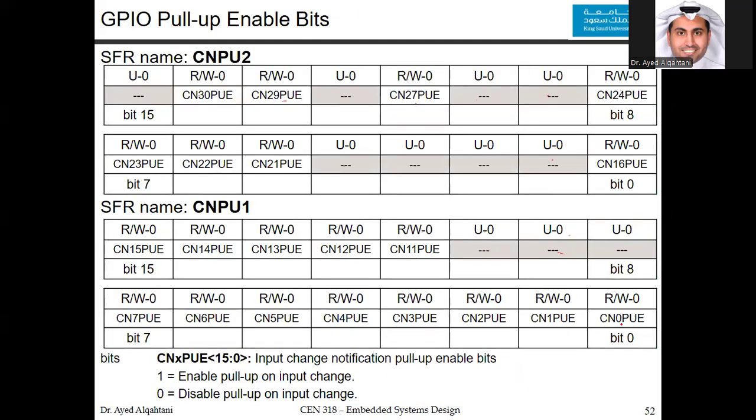Because it's from 0 all the way to 30, the first special function register can hold from 0 to 15, and then you can continue from 16 all the way to 31, but 31 is not there, so we have only 30. What we want is to disable them, so we make the value equal to 0.